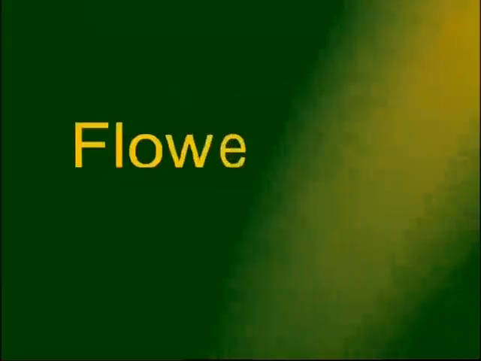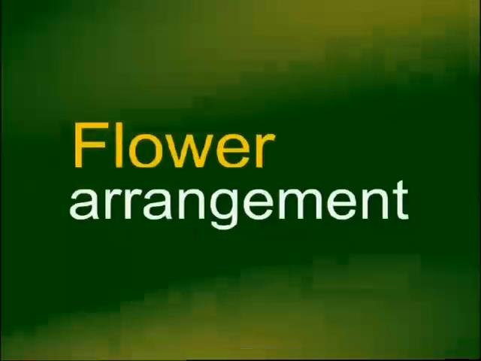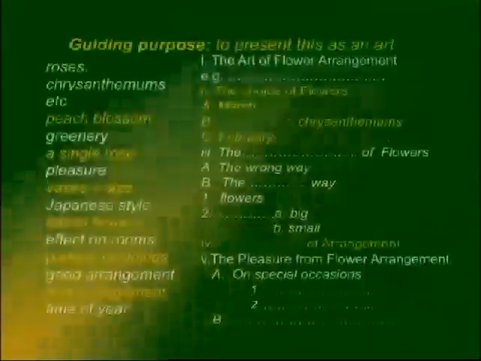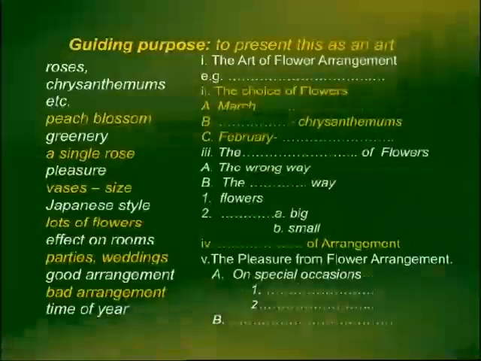Now, we will have some practice to illustrate the first 2 points that I just read out to you, which I hope you've noted. We will talk about flower arrangement. You will notice that on the left-hand side of your screen, there are a series of ideas on the subject of flower arrangement.